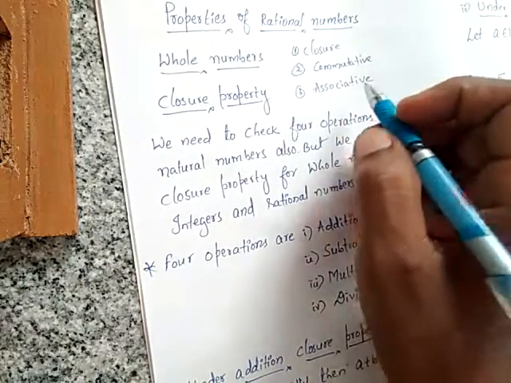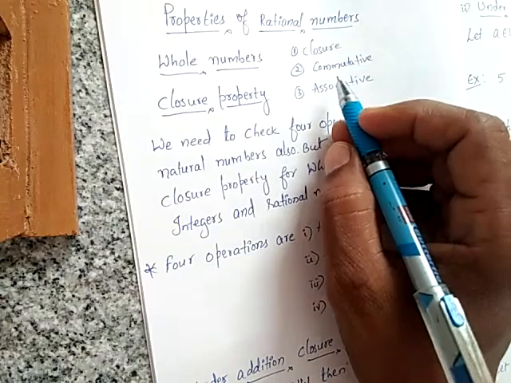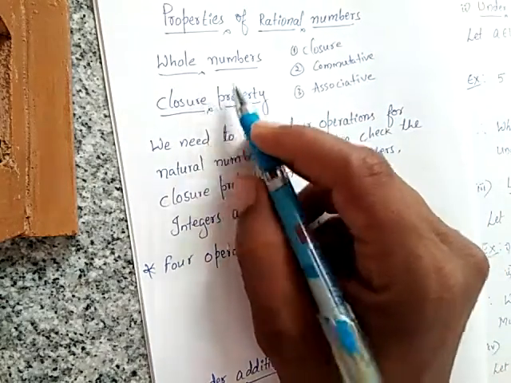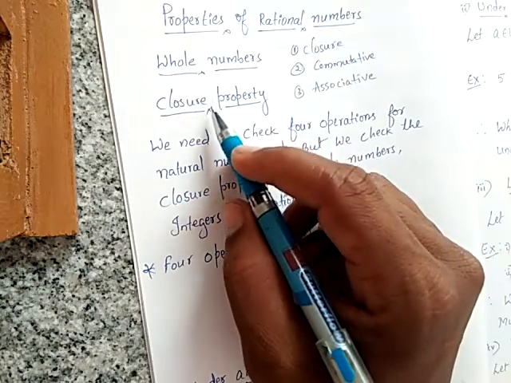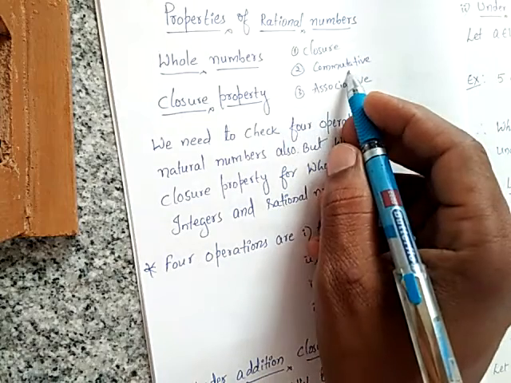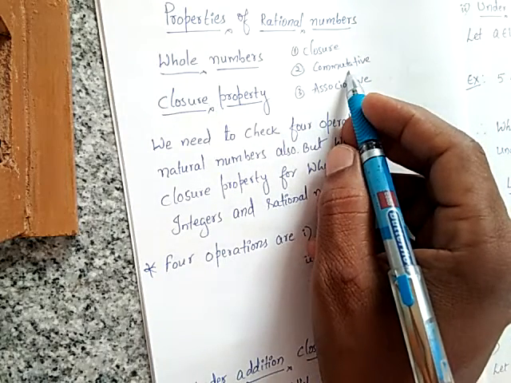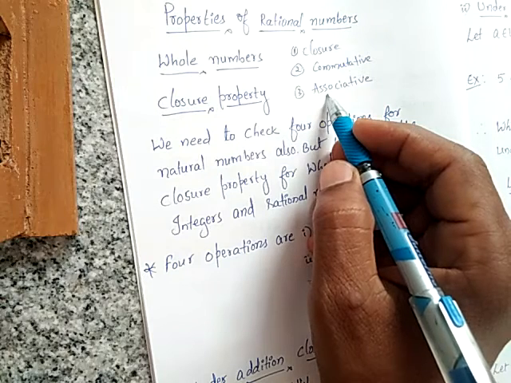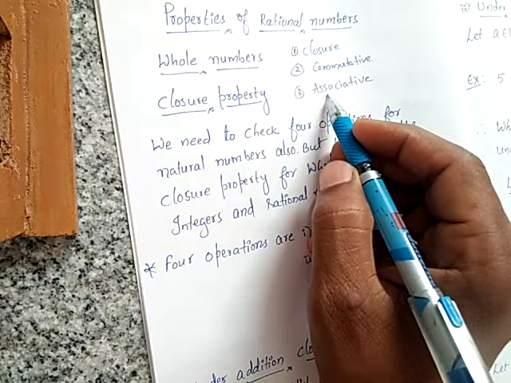They have mentioned these three properties to verify for whole numbers, integers and rational numbers. We will go for whole numbers first with the closure property, next for integers, next for rational numbers. Then we will study the commutative property for whole numbers, integers and rational numbers, then the associative property for whole numbers, integers and rational numbers.